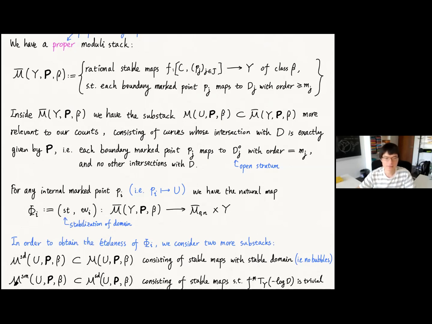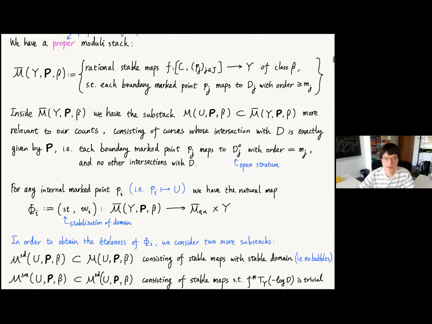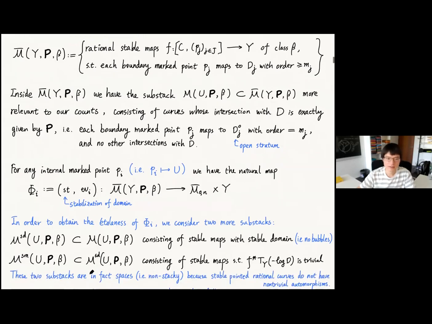And second, a further substack M smooth inside MSD consisting of stable maps such that the pullback of the logarithmic tangent bundle is trivial. Note that these two substacks are in fact spaces. In other words, they are not stacky, because stable pointed rational curves do not have non-trivial automorphisms.